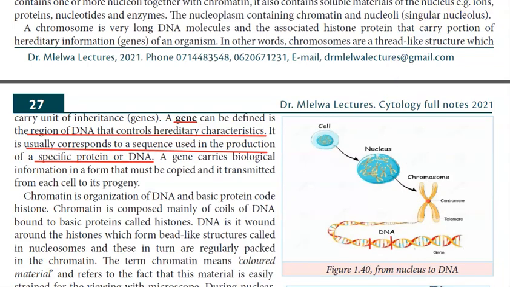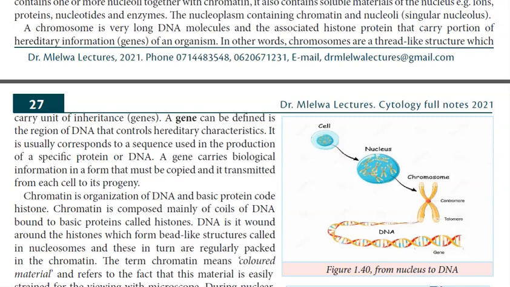Kwa hiyo utakuta kuna enzymes, kuna hormones, kuna chemical messengers. All of these, they are made up of protein, or they are protein in nature. Kwa hiyo tunaposema gene is simply the region of DNA, or the piece of DNA which control hereditary characteristics.